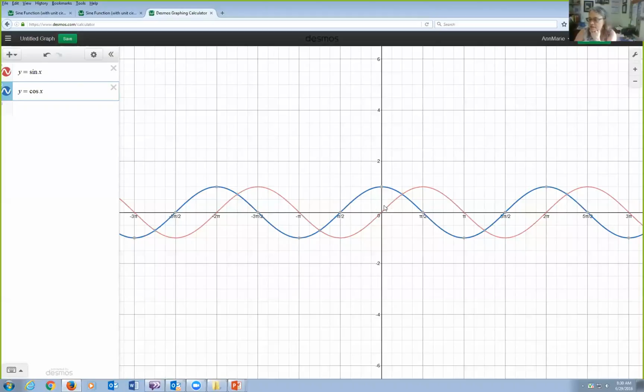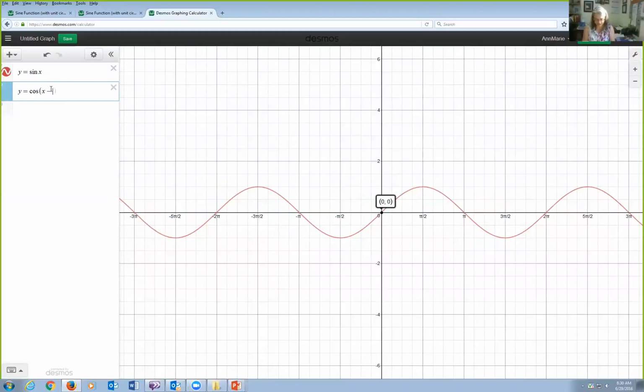Notice that other than the fact that cosine starts at the point 0, 1 on the y, so the y-intercept of the cosine function is at 1, and the y-intercept of the sine function is at 0, they are pretty much identical. If I add pi over 2 to my cosine function, actually I need an internal shift, right?